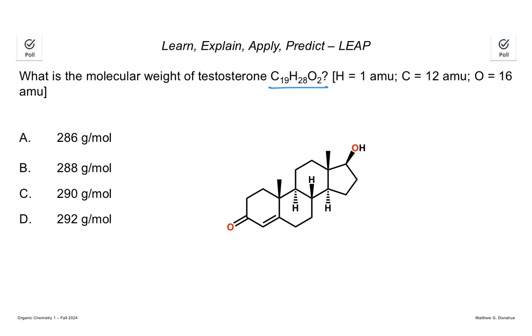Again, Module 1 type exercises: C, H, O. So how many? 19, 28, 2. Atomic mass: 12, 1, 16.